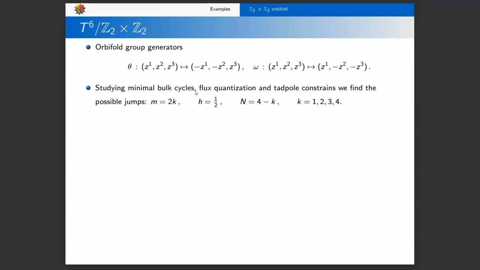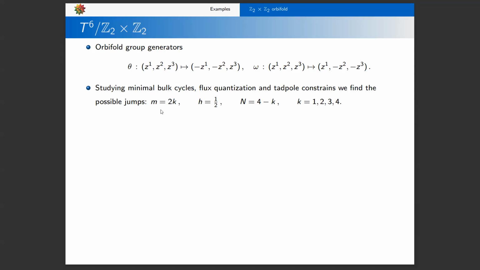The main challenge here is to identify the true bulk cycles of the orbifold, because what we are working with is a description in the covering space. So in some situations, the minimal cycles in the orbifold are not going to coincide with the ones we are describing in the covering space.